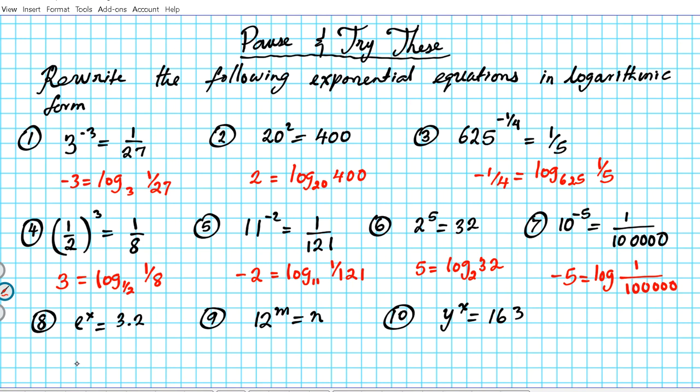For number 8, x is equal to the natural log of 3.2. For number 9, m is equal to log base 12 of n. For number 10, x is equal to log base y of 163.